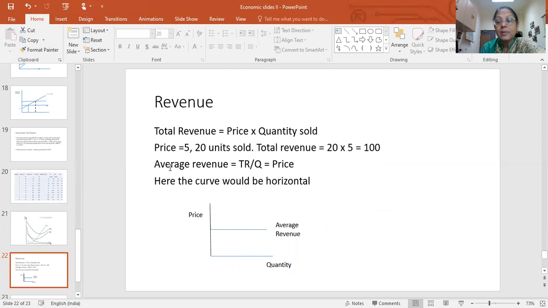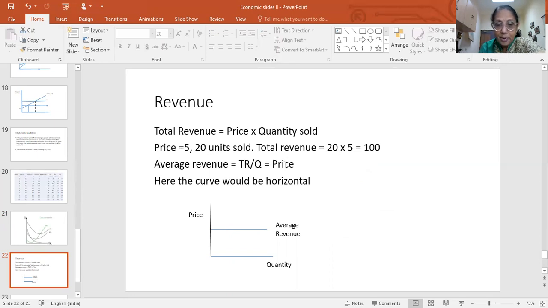Average revenue, just following the same thing that we have done, total cost divided by quantity or variable cost divided by quantity. So total revenue divided by quantity, as you know here, is price. Okay? So TR is equal to P multiplied by Q. So TR divided by Q has to be equal to price.